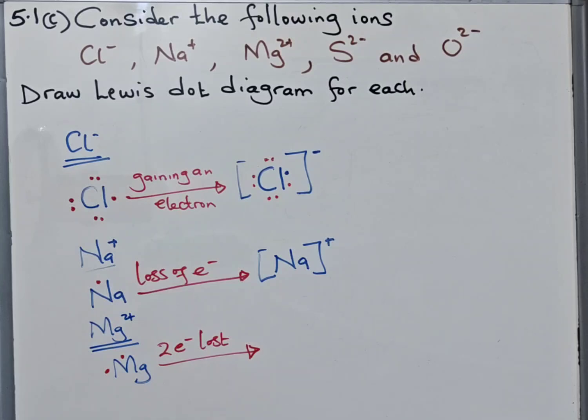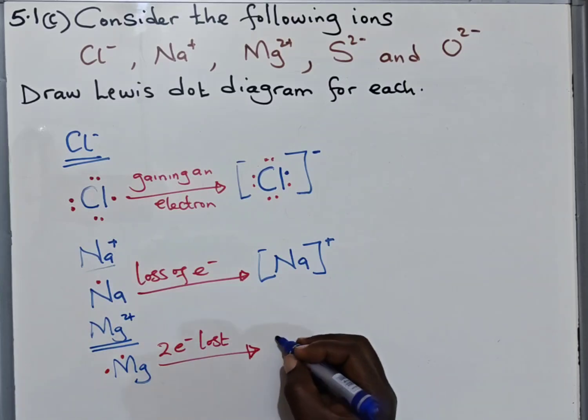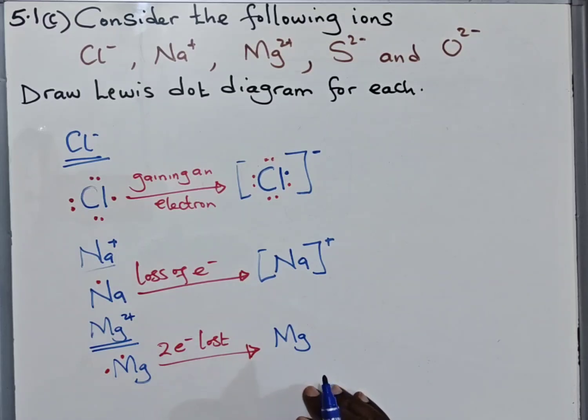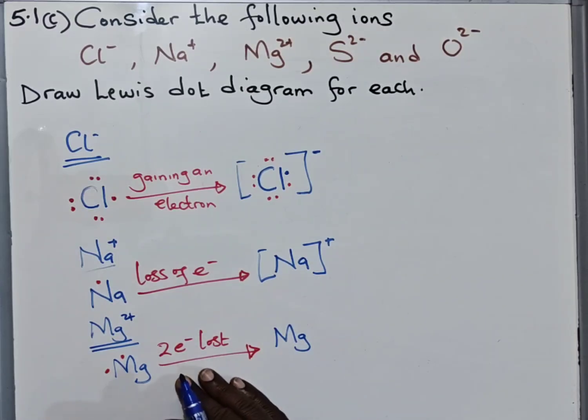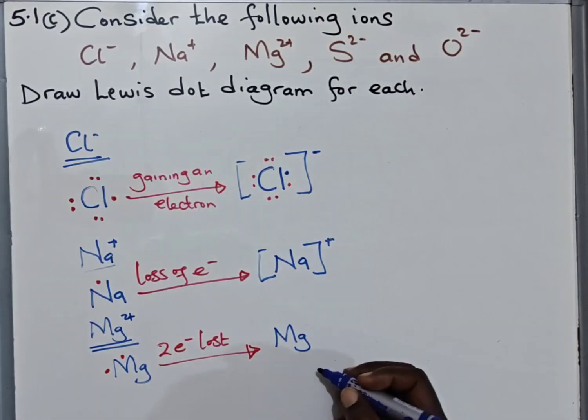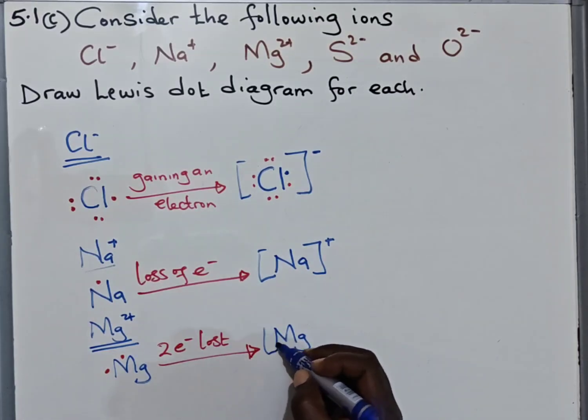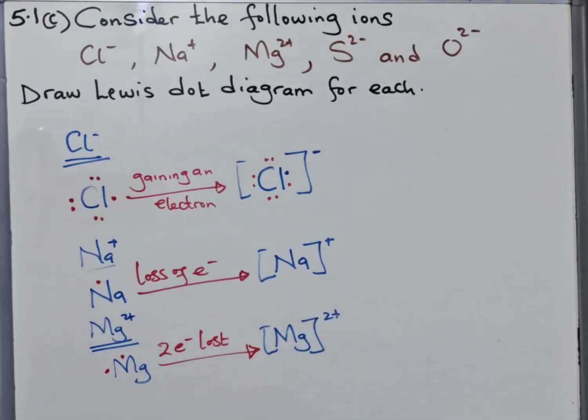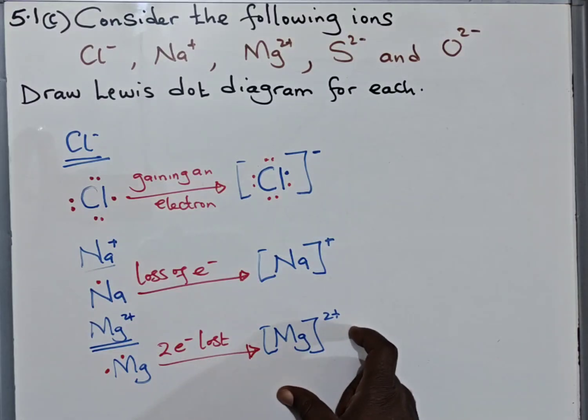When it's lost, what happens? You get magnesium without any outer electrons. Because of the loss, it was neutral, it lost 2, so it becomes positive. And how do you indicate it? You put a bracket and then you put the charge there. It's the loss of electrons which created this charge.